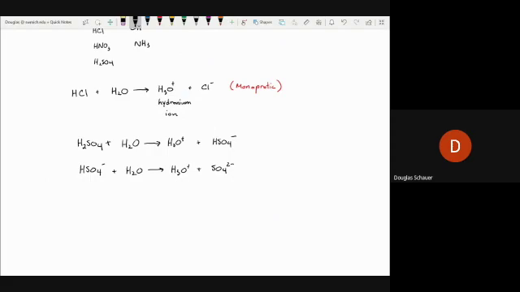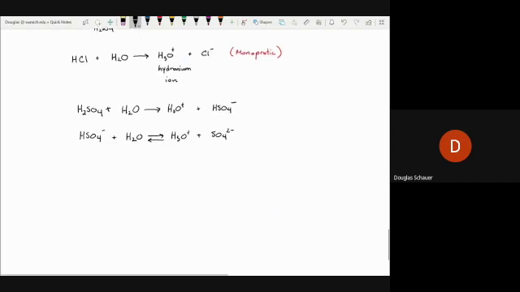Okay, but we have to keep in mind that bisulfate is not a strong acid. Okay, so that is not a complete reaction. So we wind up with a little bit of the bisulfates not dissociating into hydronium. And again, that was a diprotic acid.